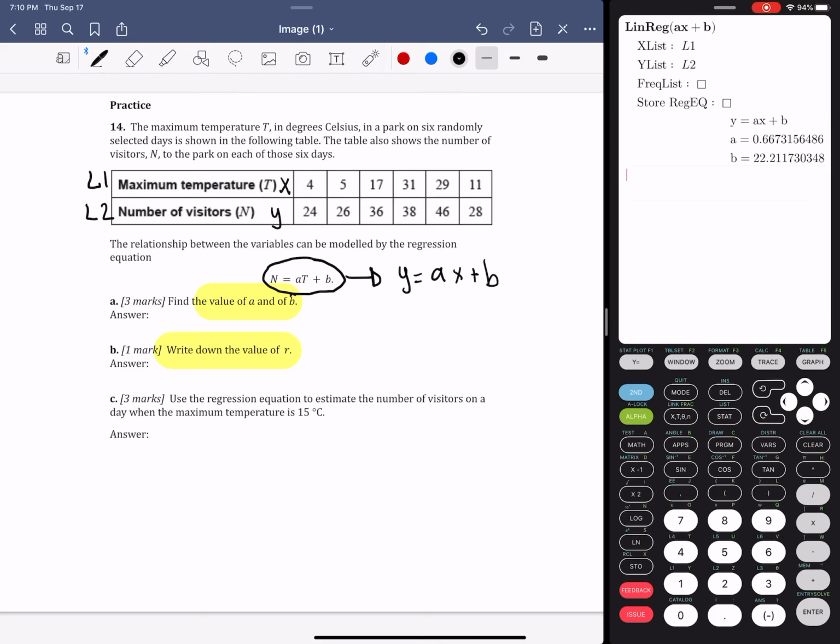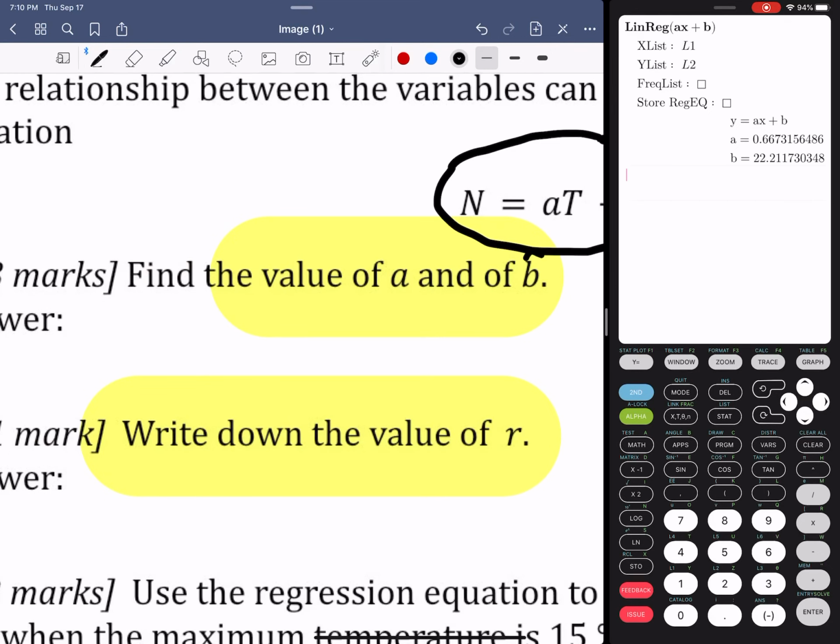So now I have my value of A and B, but I'm going to put them in 3 significant figures. What that means is that my A is going to equal 0.667, and my B is going to equal 22.2.